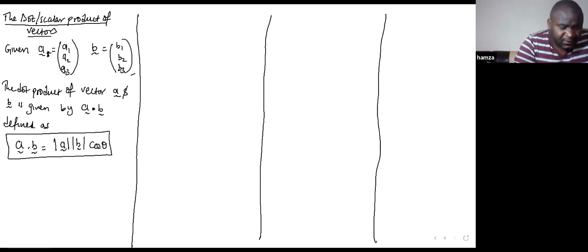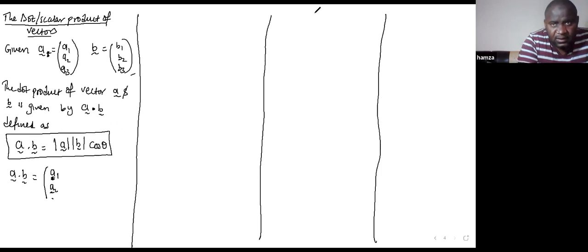So you should recall what magnitude stands for. The dot of A and B implies that we dot A1, A2, A3 with B1, B2, and B3.